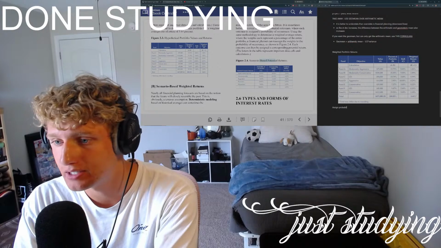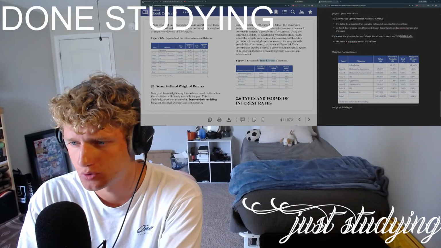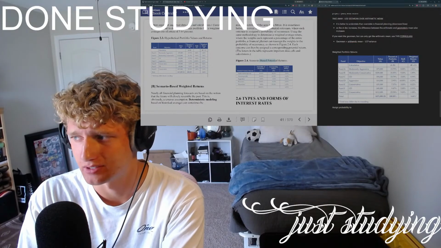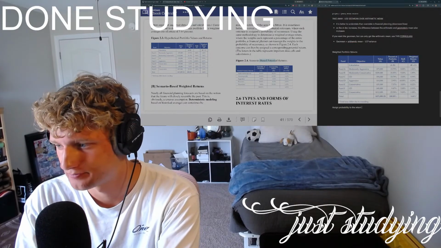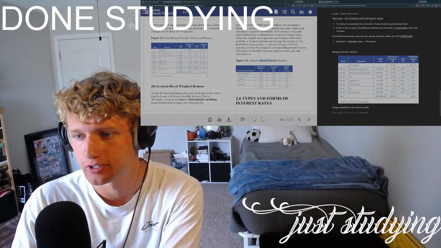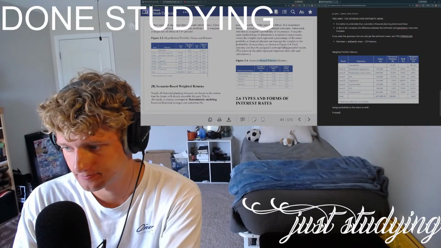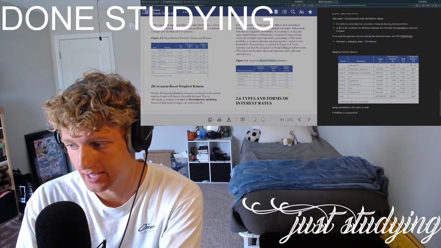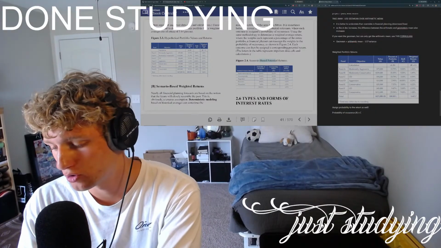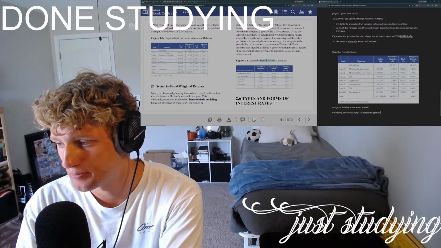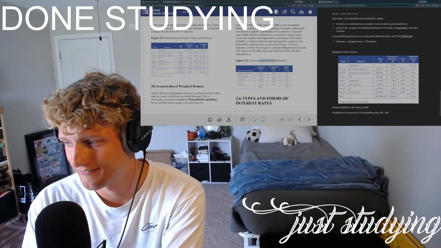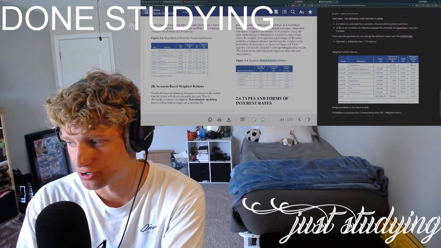Assign probability to the return as well. So then you do probability of occurrence, A, times corresponding return, B, equals weighted return.